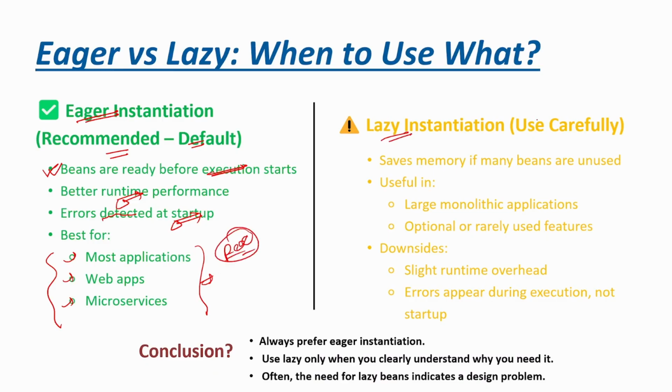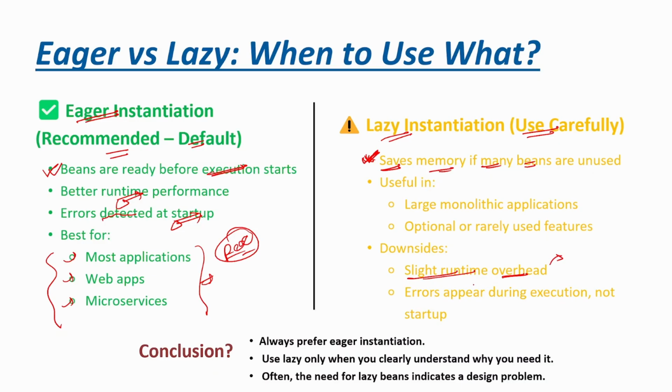With lazy instantiation, we need to be careful. There is one advantage: it saves memory if many beans are unused. But there are several disadvantages, like slight runtime overhead, because Spring needs to check whether the bean already exists in the context before creating it.